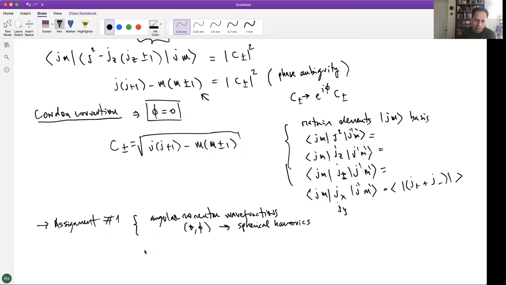How? Well, we will write down this eigenvalue equation in spherical polar coordinates.